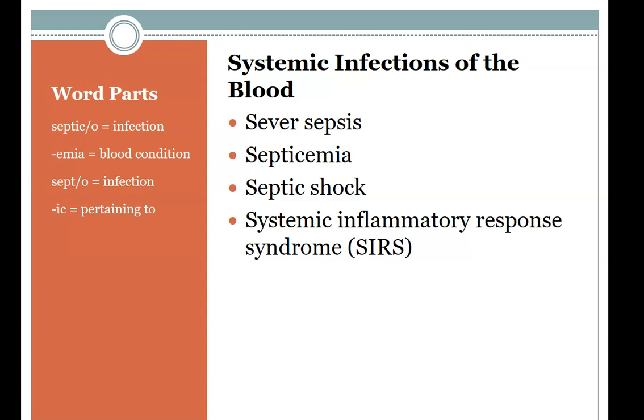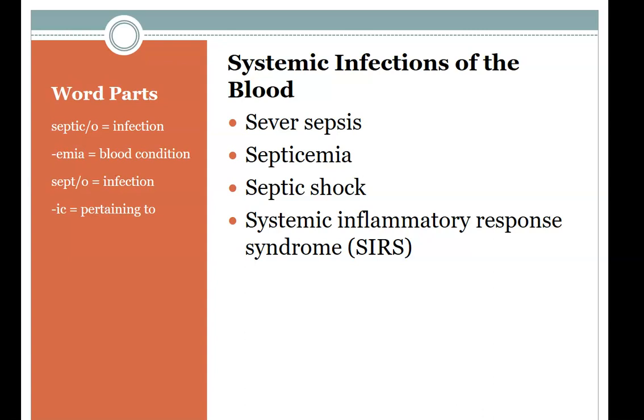Septic shock is the result of low blood pressure caused by overwhelming infection. Organ failure and then death may occur. Systemic inflammatory response syndrome is characterized by an inflammatory state affecting the whole body. It may be caused by an infection, trauma, ischemia, or inflammation.